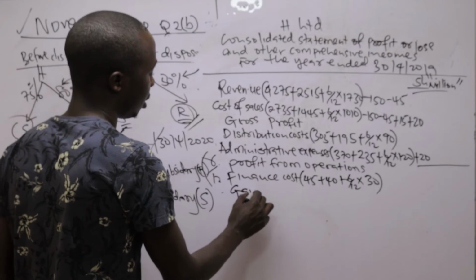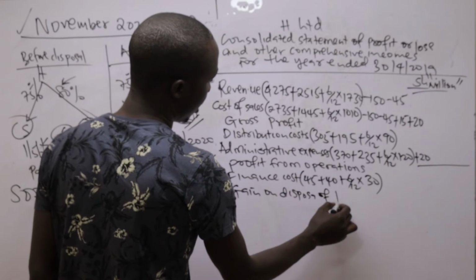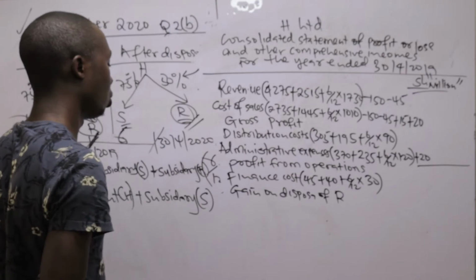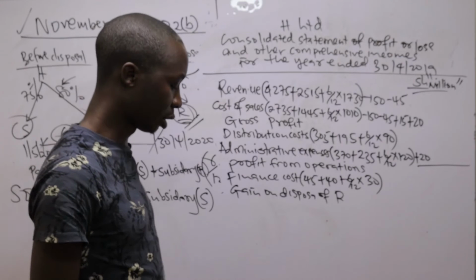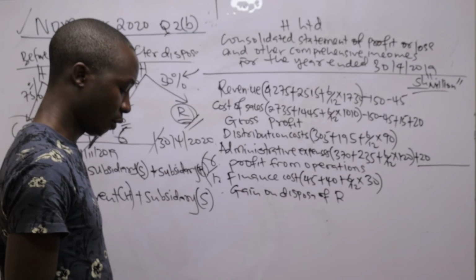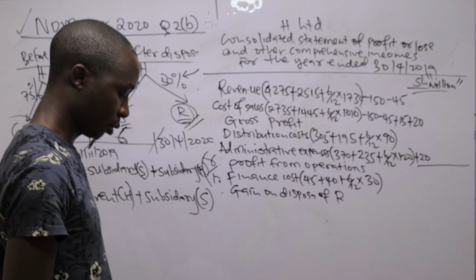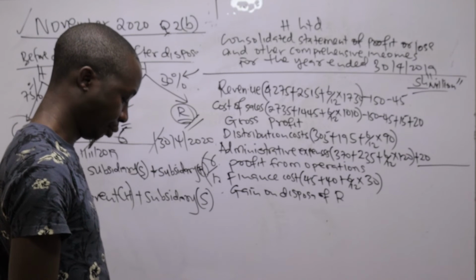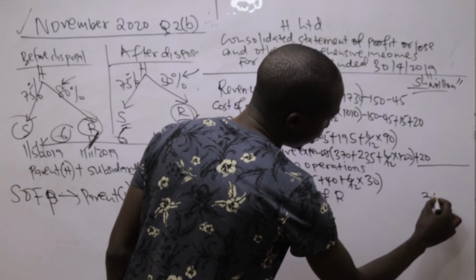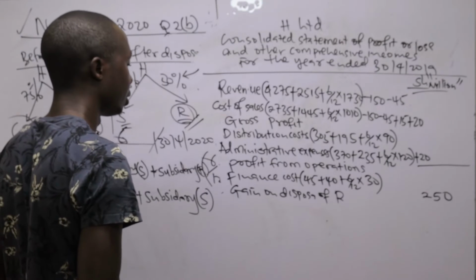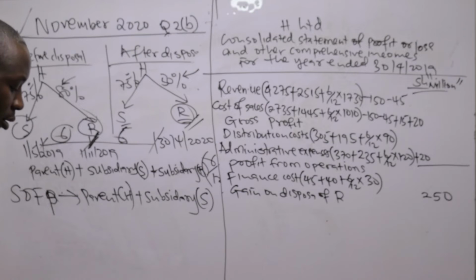There was an income, which is a gain on disposal of R. R was disposed, and based on the first requirement of this question, the presentation, we got a gain of 250. Then any other income or expense to be considered before I deduct tax.